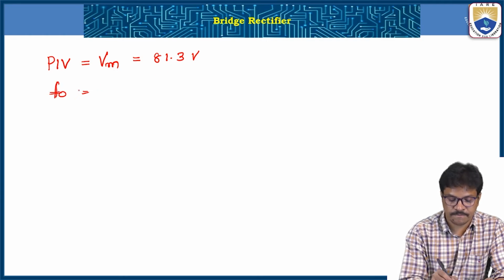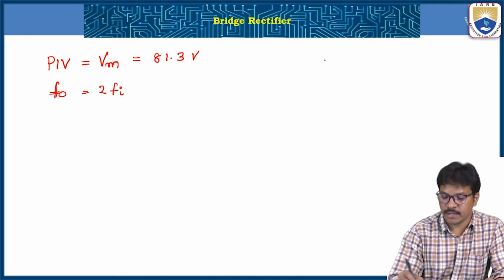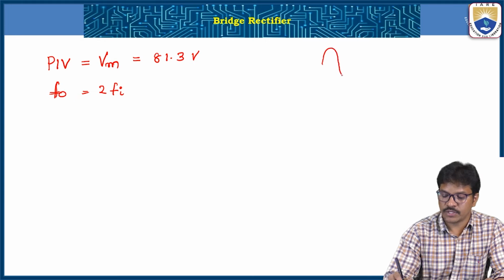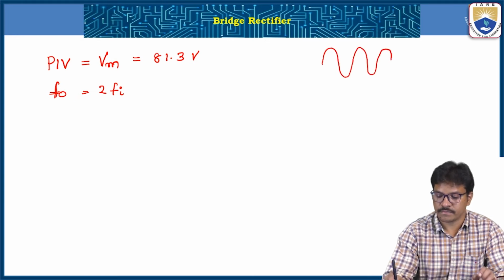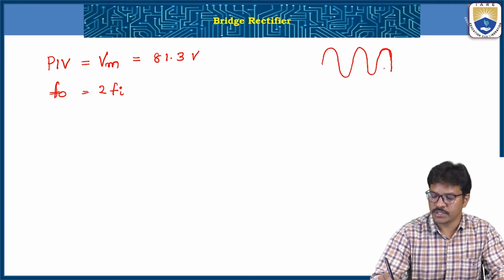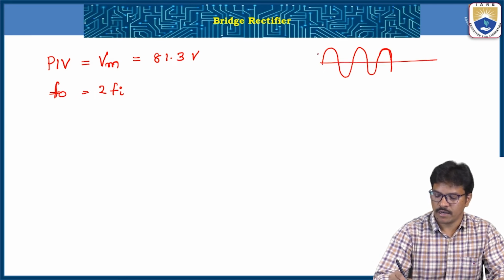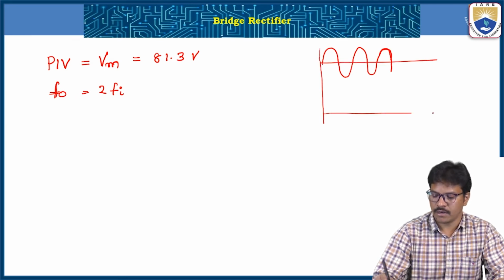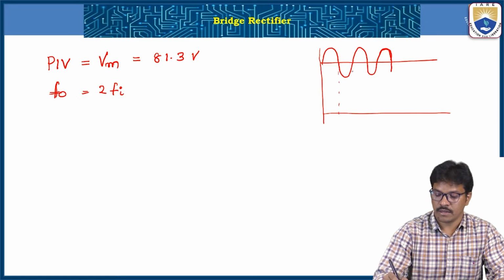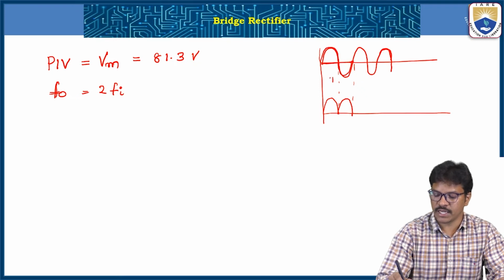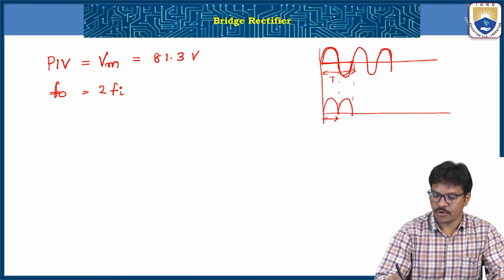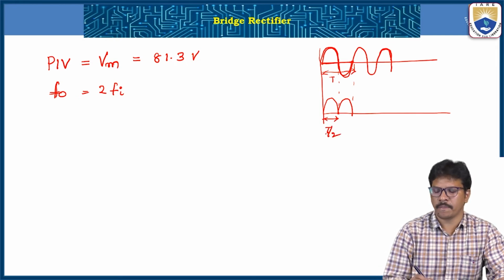The output frequency is equal to 2 into input frequency. Basically, this is the input signal, and this is the output signal. The input full cycle time period is capital T, whereas the output time period is T by 2 only.